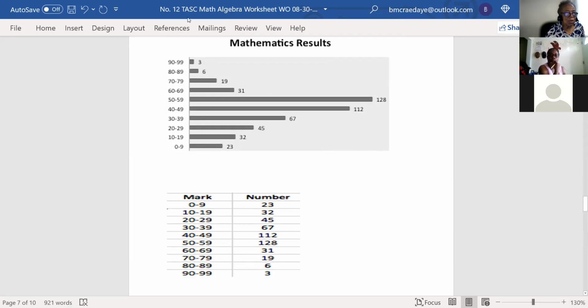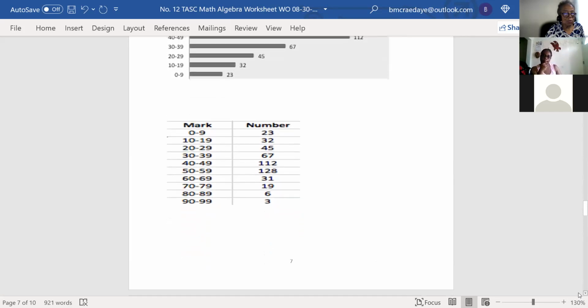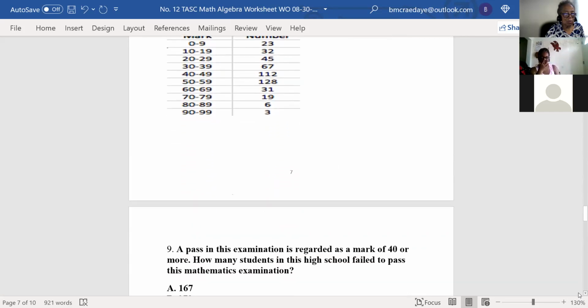These are the range of scores, and these are the number of students within that range. It's represented on the bar graph, and the same number is represented here in the table. So the first question: how many students in this high school failed to pass this mathematics examination?